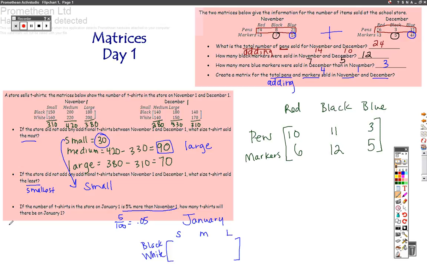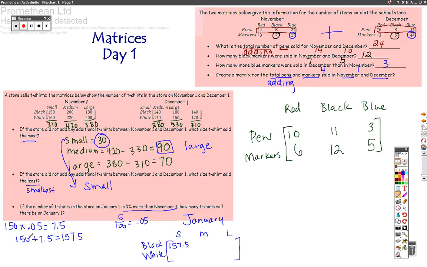So in November I had 150 shirts. I multiply that by 0.05 and that gives me 7.5. Then I do 150 plus 7.5 and that gives me 157.5. So what's the new number? 157.5.